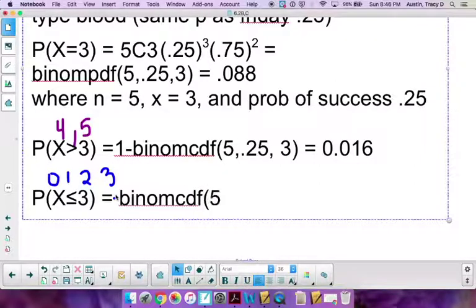Again, 5 trials, 25% probability, and I want up to and including 3. So that should be 0.984, or 98.4%.